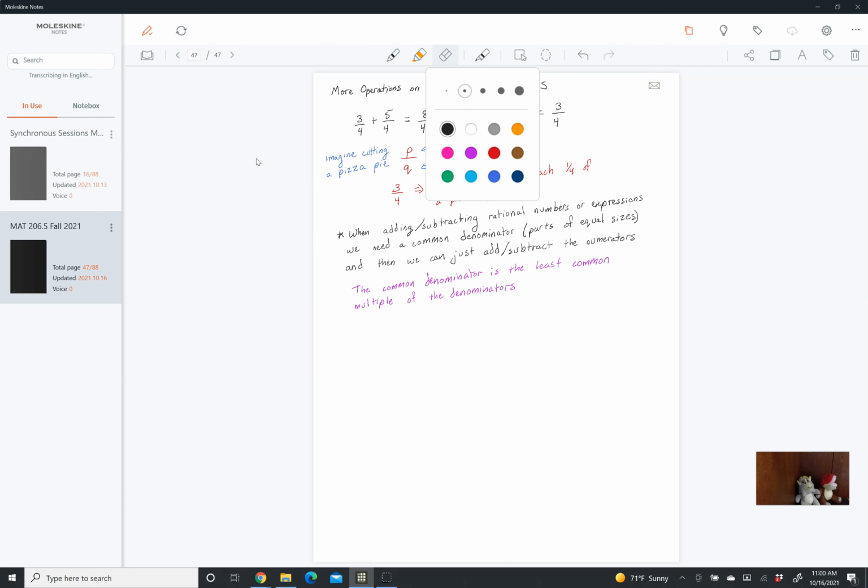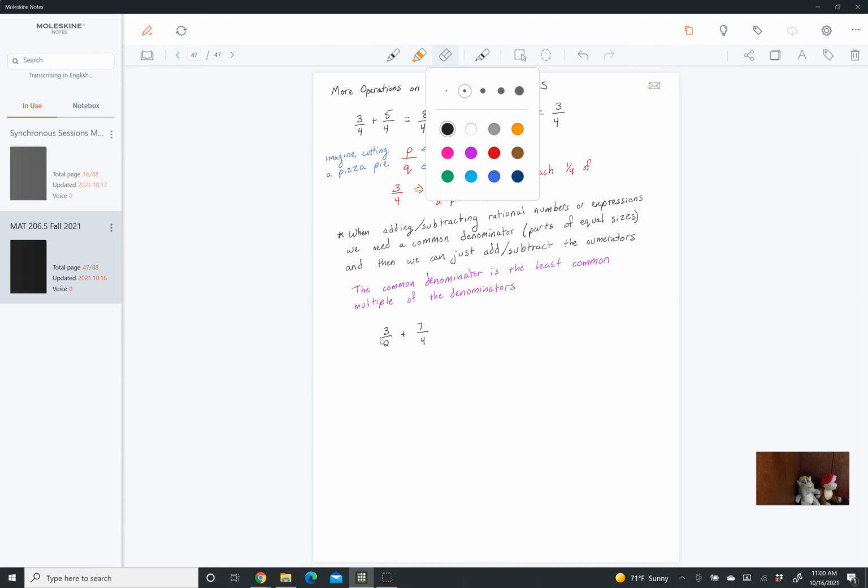Okay, so for example, if we had 3 over 2 plus 7 over 4. Well, now we're taking 3 halves, which means we're looking at slices that are half of a pizza pie, and then we're also looking at slices that are a quarter of the size of a pizza pie.